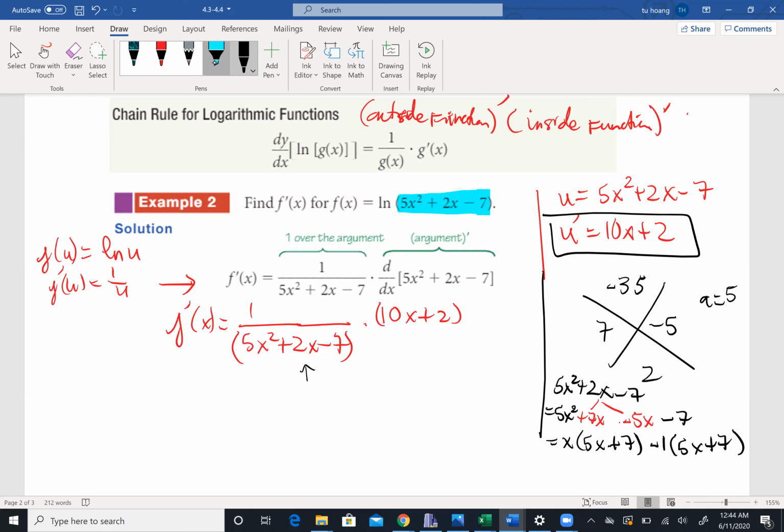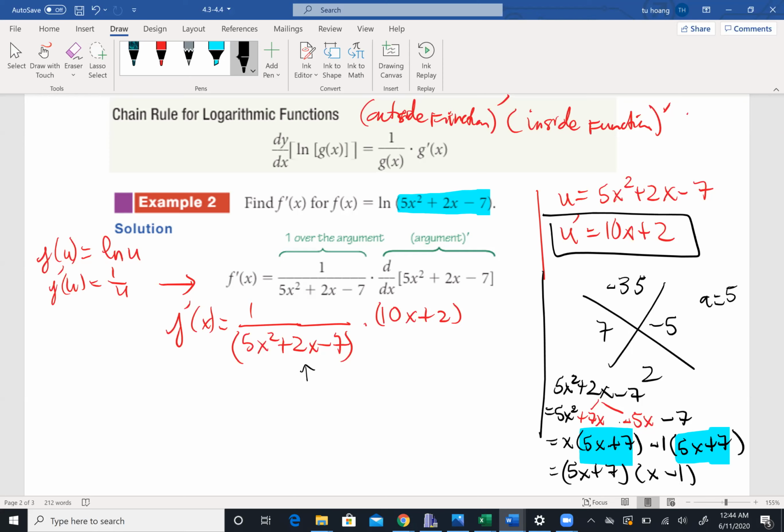So now I noticed there is one common factor between the two big terms, and I can factor it out. I'm going to get x minus 1 and another factor.